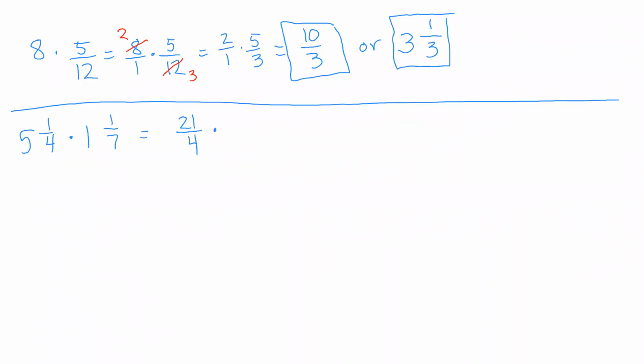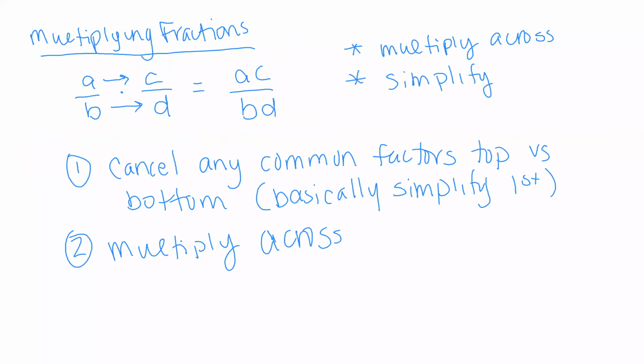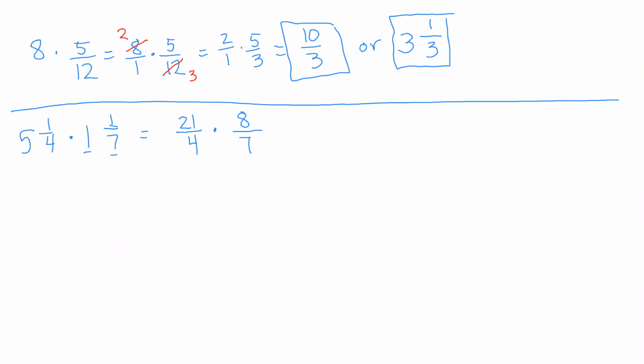We repeat the process for 1 1/7. I take 7 times 1, which is 7. I add 1, which is 8. I keep the original denominator. So now I can proceed with those steps for multiplying fractions, like what we did over here. All right. So I look for any factors that I could cancel top to bottom.